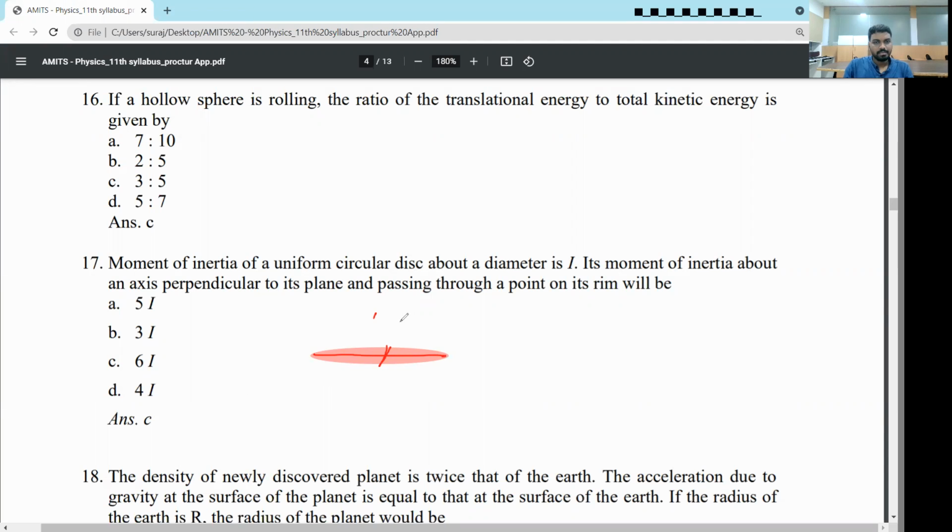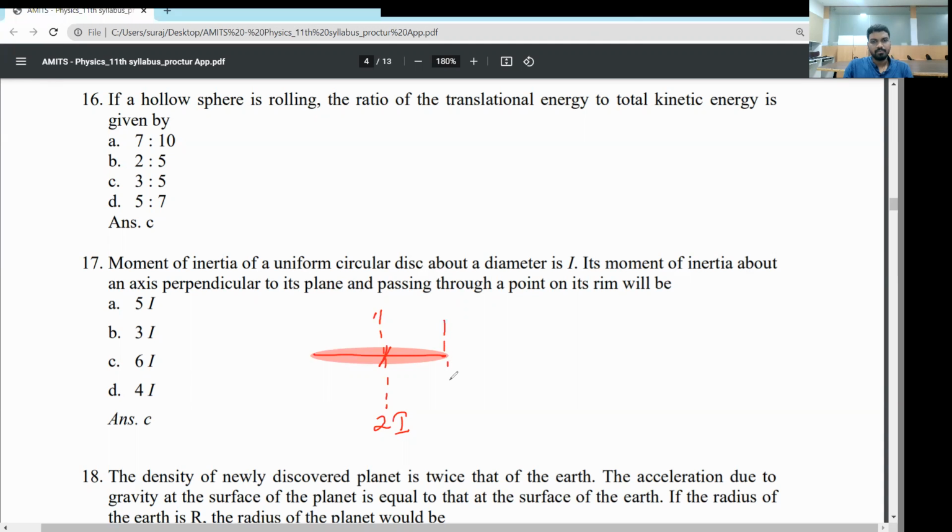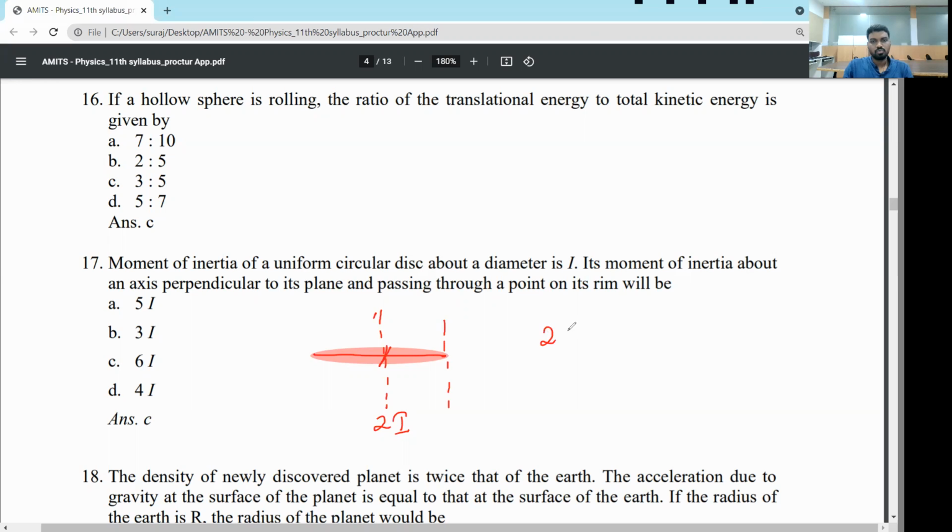So the sum is I plus I, 2I. Then I want its moment of inertia about an axis perpendicular to the plane and passing through a point on its rim.